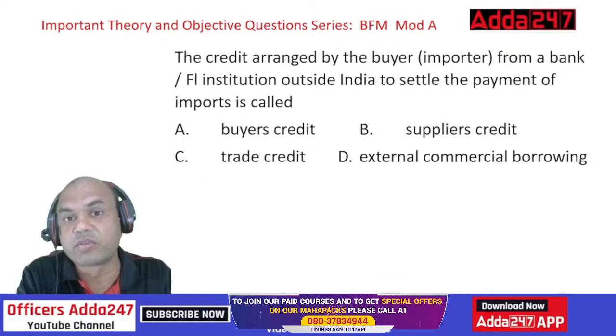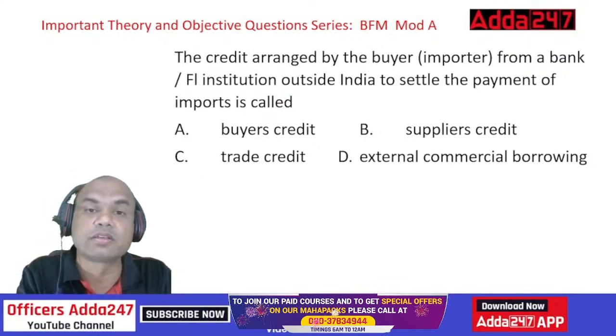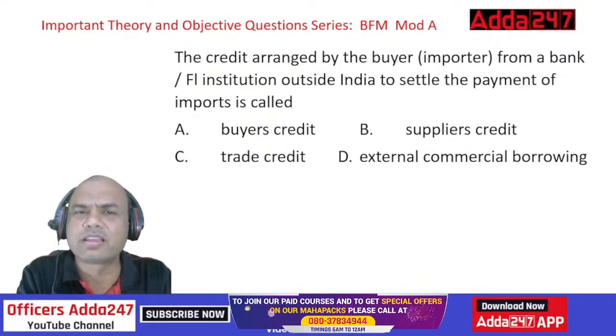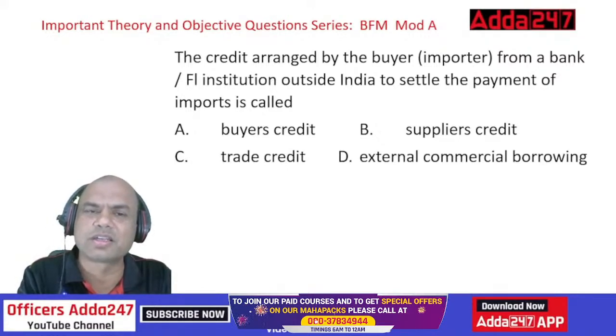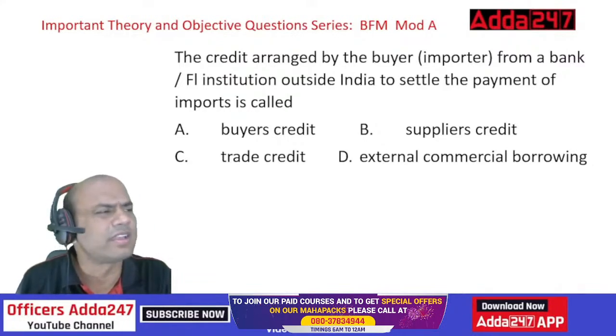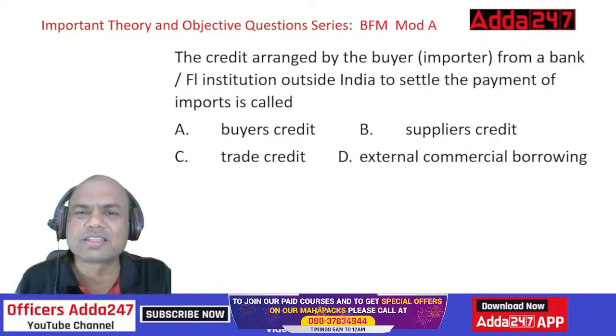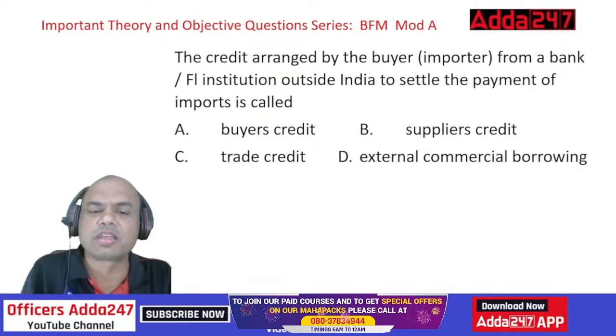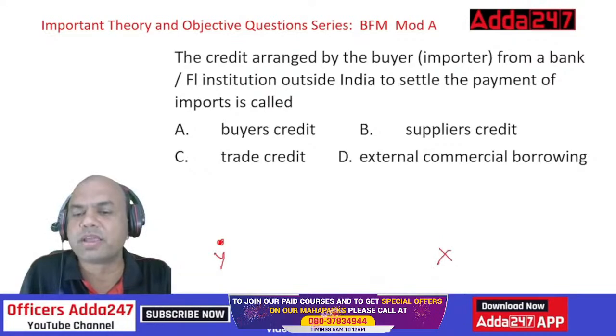What is the difference between normal dal and dal tadka? There is a tadka in this. The same tadka is over here. Same as earlier: Y is the supplier, X is the buyer in India.